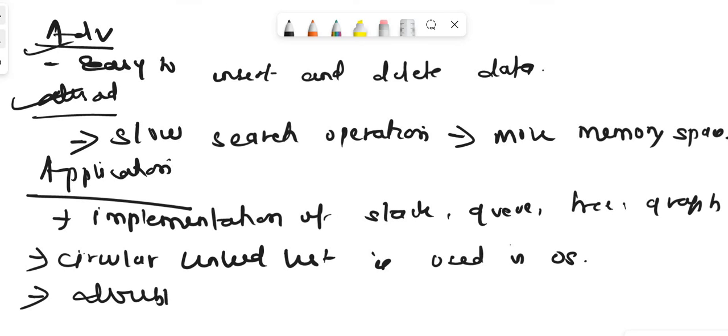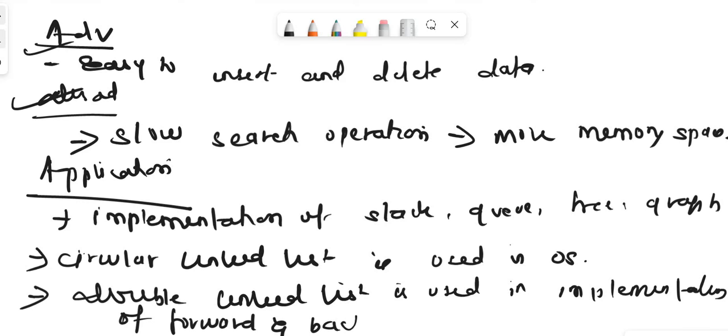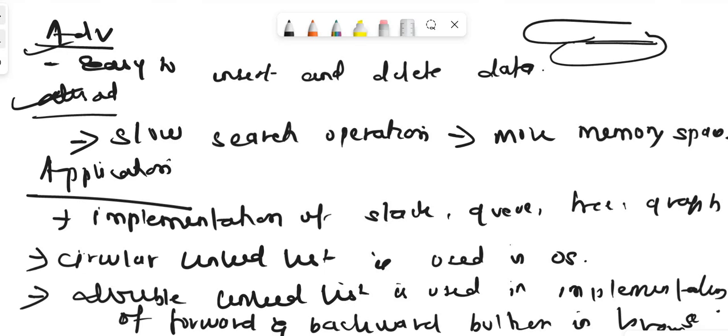This is a very good example: it is used in the implementation of the forward and backward button in a browser. You will understand this once we study doubly linked list, how we can go forward and backward.